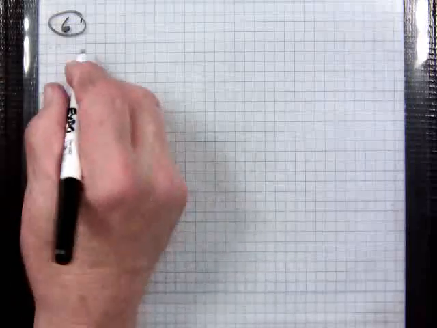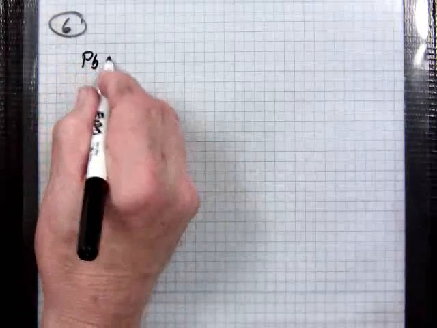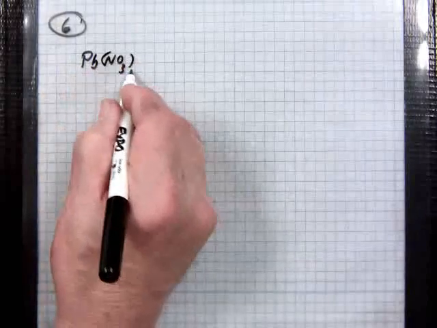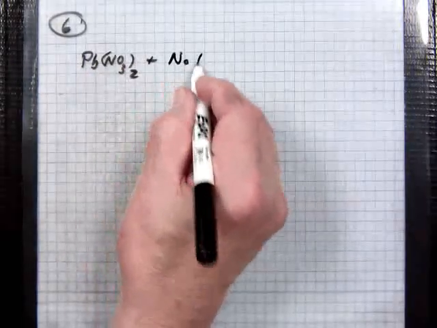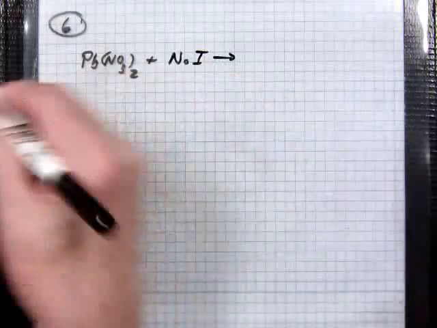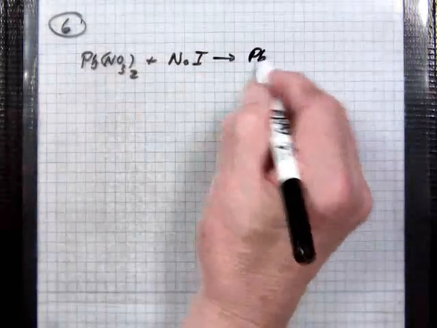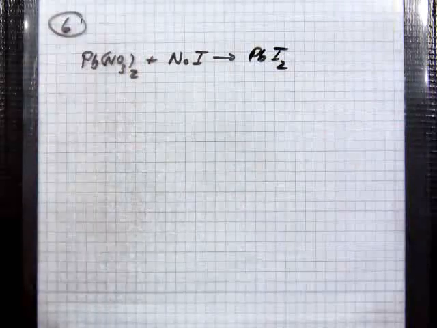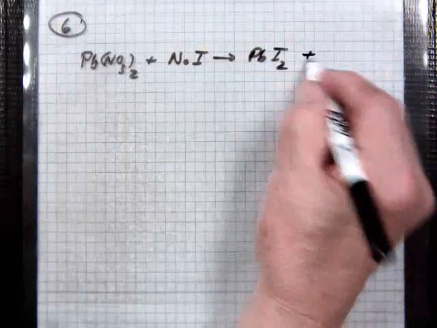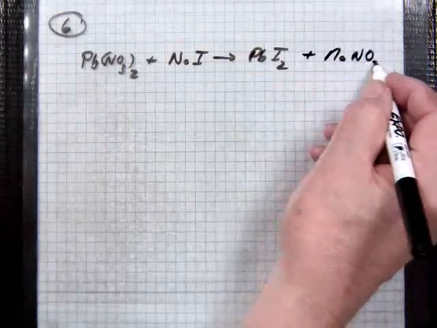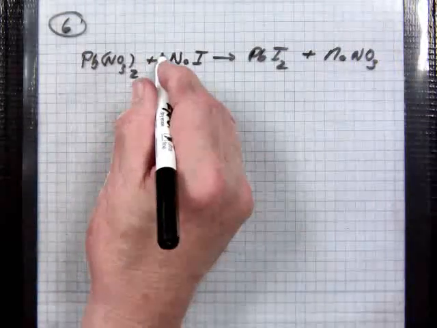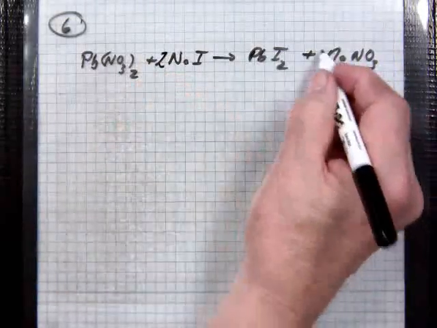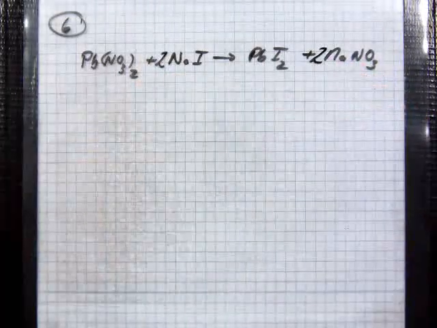Lead nitrate plus sodium iodide will go to lead iodide, which will be a driving force, and then sodium nitrate, which is soluble. I've got a 2 goes right there, and a 2 would go right there.